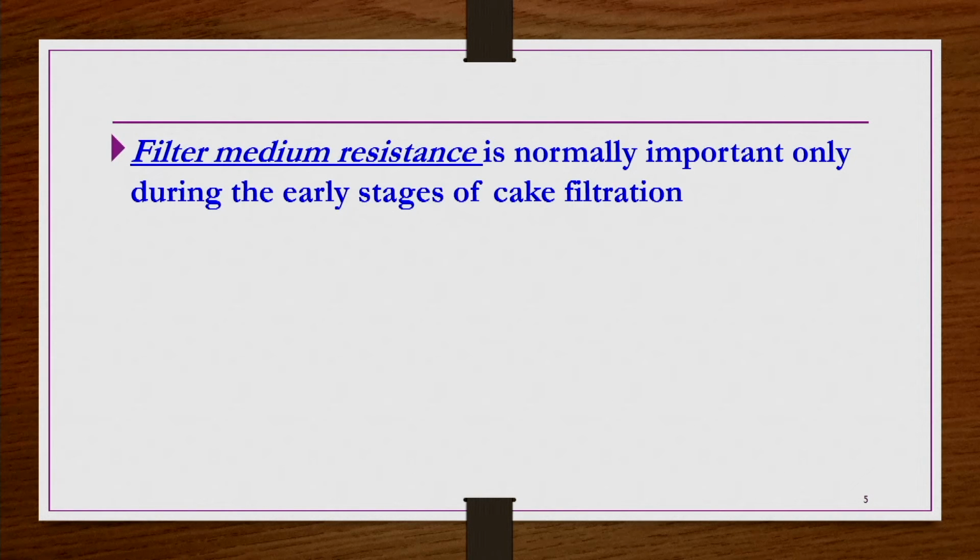In general, filter medium resistance is normally important only during the early stages of cake filtration, because as the time of filtration gradually increases, more and more particles deposit on the surface of the filter medium, forming a cake, and that cake offers much more resistance compared to the filter medium resistance.